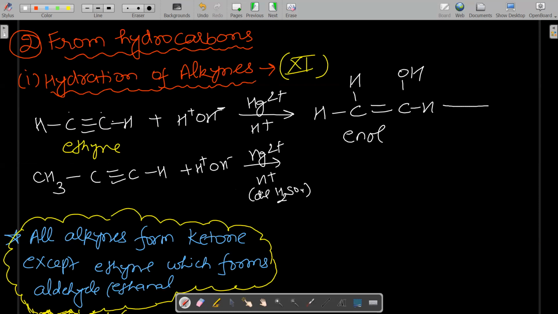You know enol is not stable, so to stabilize, it undergoes a tautomerization reaction. Already you know the meaning of tautomerization. Just a minute, I can show you.